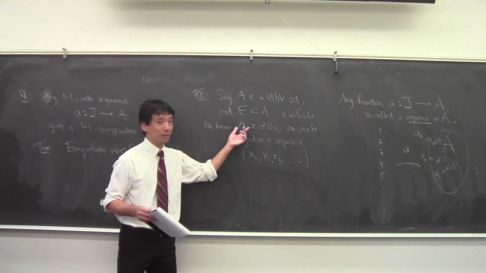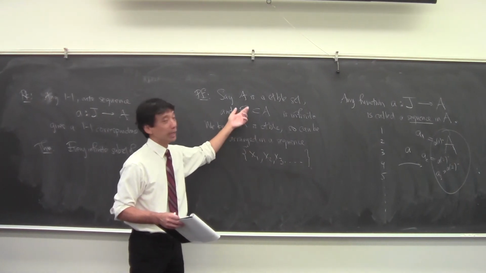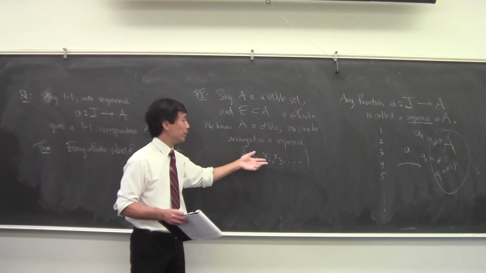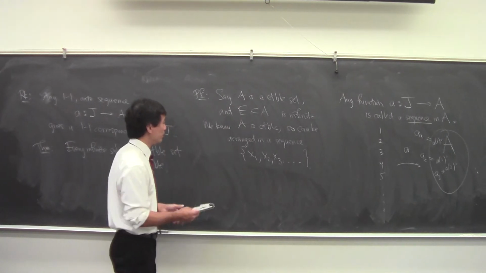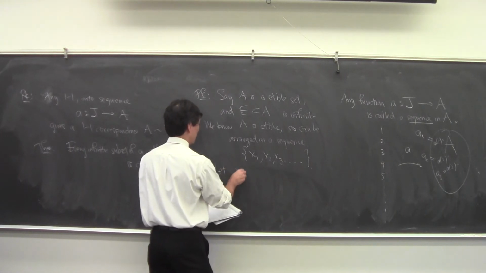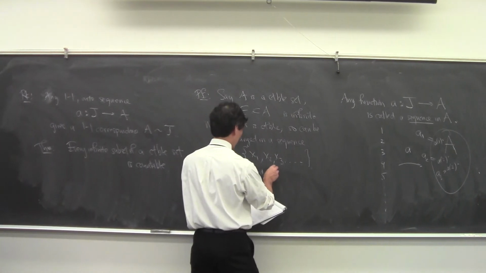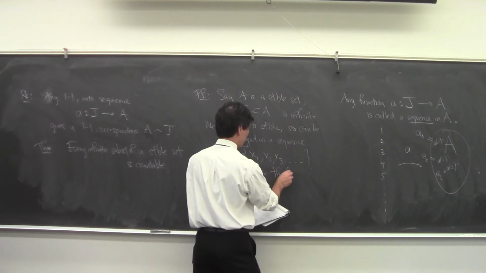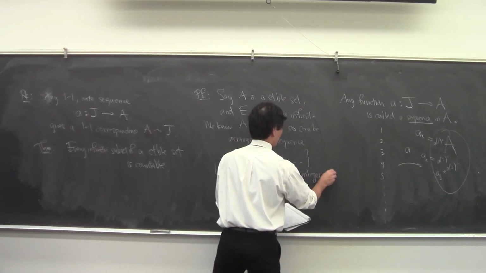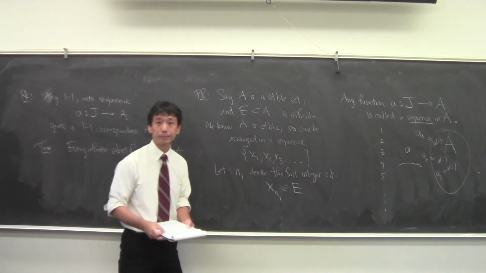Okay. So A is countable, so you can arrange it in a sequence, right? And we're trying to show that E is countable. In other words, that E could be arranged in a sequence. Well, what are we going to use? What are we going to do? We say, well, let n sub 1 denote the first integer such that x of n sub 1 is in E. Right?